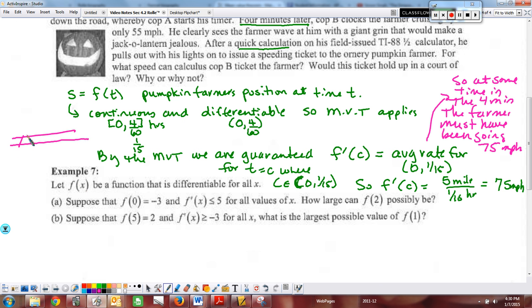The airplane, or the helicopter, in the state of Virginia is going to start the clock when you hit this line. They are going to stop the clock when you hit the other line. So they're going to measure how much time it takes you to travel between the two lines that it sees from above. So you'll never see the cop.